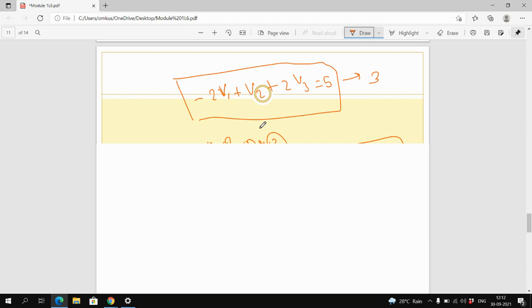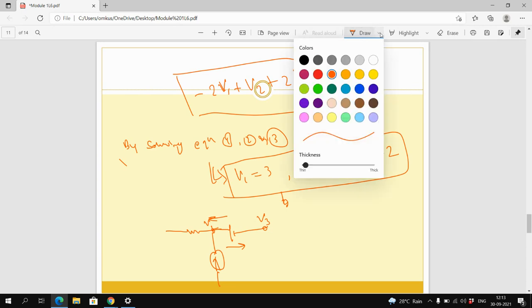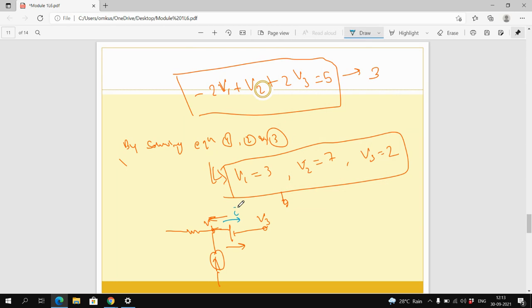This is V2 and this is V3. The value of V2 is 7 volt. The value of V3 is 2 volt. Then current always starts flowing from higher potential to lower potential. So current direction is this side.